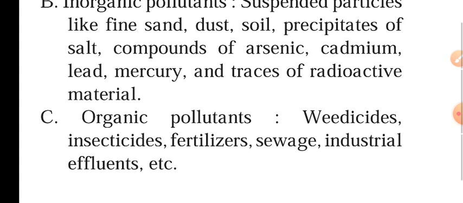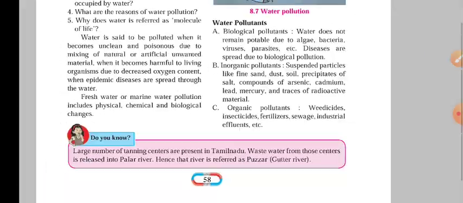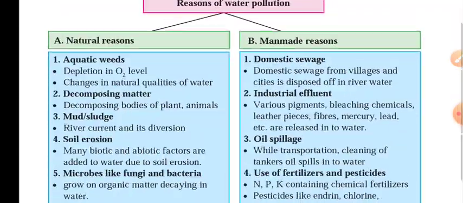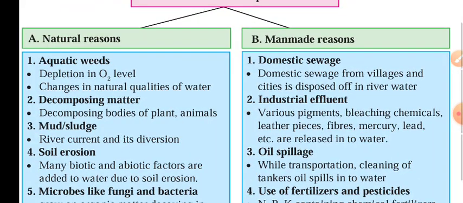When we talk about the reasons for water pollution, as we already discussed in the section on air pollution, there are two major categories: natural reasons and man-made reasons. We will discuss that here regarding water pollution.